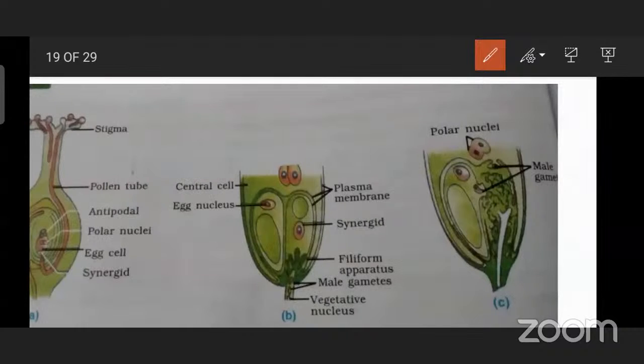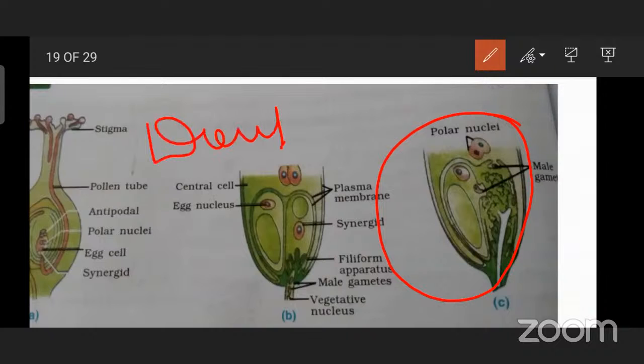Since two fusions, syngamy and triple fusion, take place in the embryo sac, this phenomenon is known as double fertilization. It is unique to flowering plants. In the central cell, after triple fusion, it becomes the primary endosperm cell.